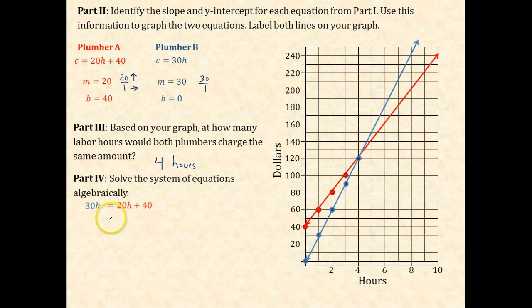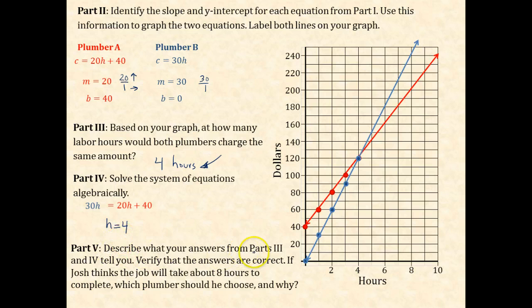So I can subtract 20h from both sides of the equal sign, because that will get rid of the h's on the right side of the equal sign. 30h minus 20h is 10h, and that equals 40. Divide both sides by 10, and I get h equals 4, which is nice because hours equals 4, and that goes along with what the information on our graph told us.